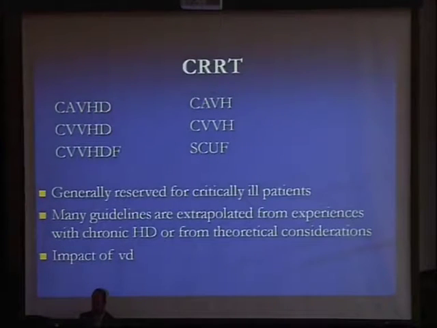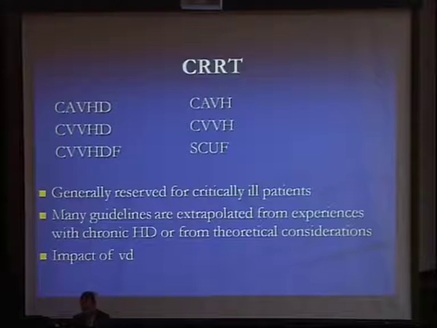So, this finishes with the intermittent hemodialysis, and now speaking of the continuous dialysis, of course, you know that we have continuous arteriovenous and veno-venous hemodialysis, and we have continuous veno-venous hemodiafiltration, and we also have continuous arteriovenous hemofiltration and veno-venous hemofiltration and slow continuous ultrafiltration. These are generally reserved for critically ill patients, and therefore any error in dose adjustment will result in a deleterious outcome.